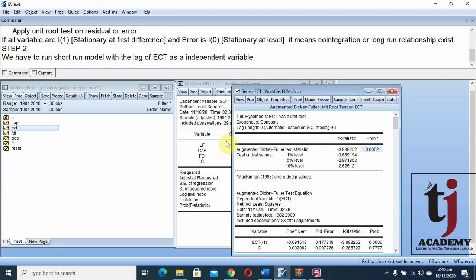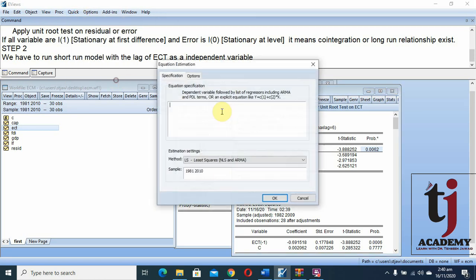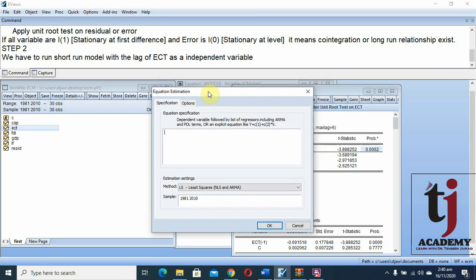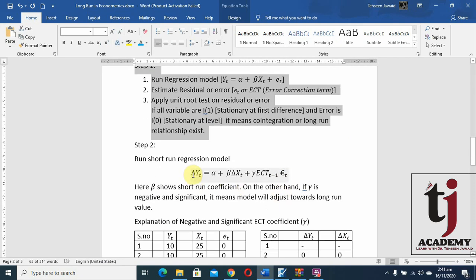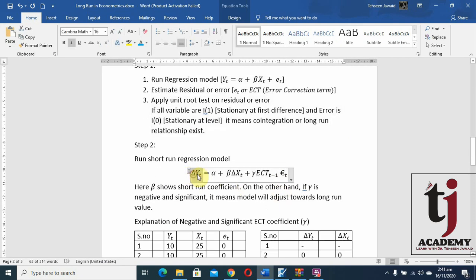What we have to do, we have to run our model as a short run model. So quick, estimate equation. In the short run model, what we have seen before, in the short run all variables are considered in first difference form, with the lag of the error correction term as an independent variable.